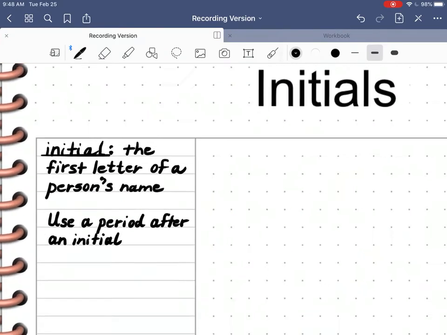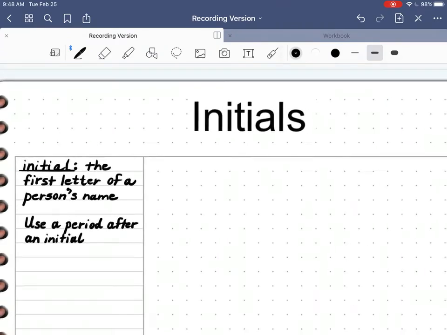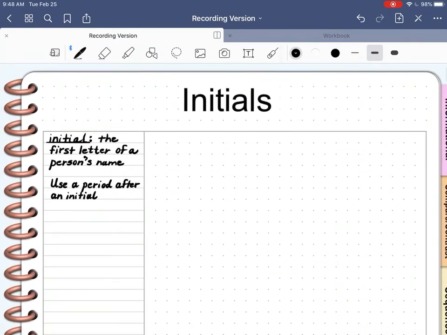Okay. So for example, one of the people in our topic in this lesson is John Kennedy. And John Kennedy's middle name is Fitzgerald. John Fitzgerald Kennedy.